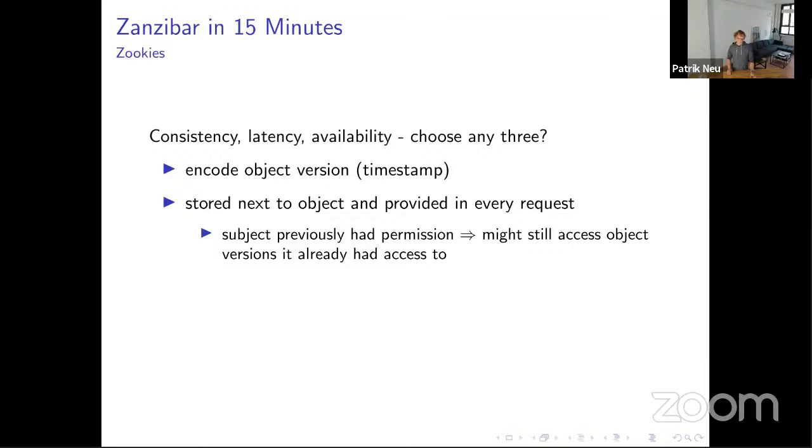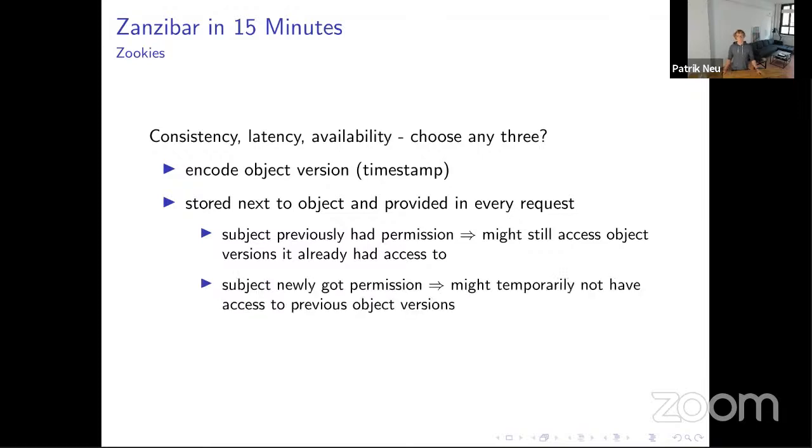And then the other thing is, when a subject newly gets a permission, it might temporarily not have access to previous object versions it did not have access to yet. But all new object versions, it will always have access to. This is basically the second guarantee of the Zuki concept.